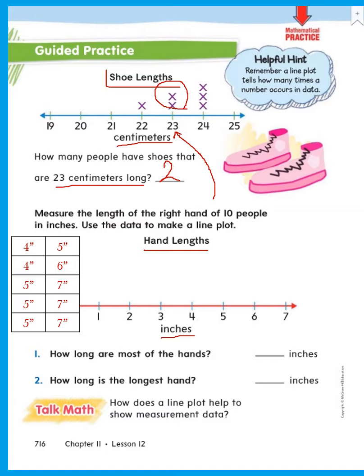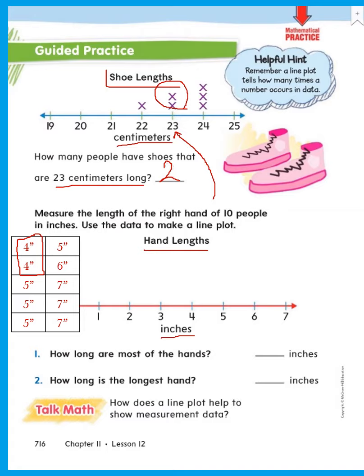So we've got 4 inches, and you'll see that I'm using the mark here for inches. There just wasn't enough room to write it all out. So 4, 4, 5, 5, 5, 5, 6, 7, 7, and 7. Well, there are 2 people's hands that are 4 inches long. So what am I going to do?